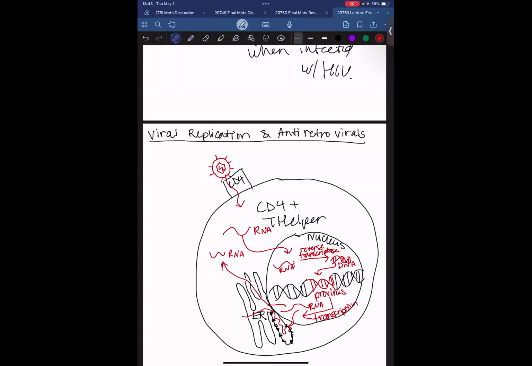And then the proteins will move through the ER, and then they'll go through the Golgi apparatus and then eventually get put on the surfaces of our cells. So we're going to stud our whole surface of our cells with these spike proteins.